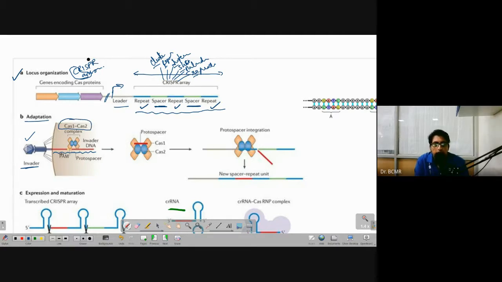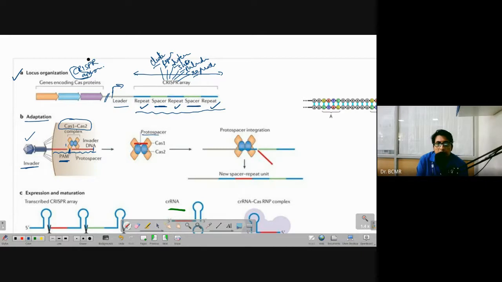They are the proteins that will bind to this foreign DNA, and they will bind to the DNA where there is a region called the PAM sequence. Okay, we'll get to that. So wherever they find that PAM sequence, they will bind and they will cleave that region.